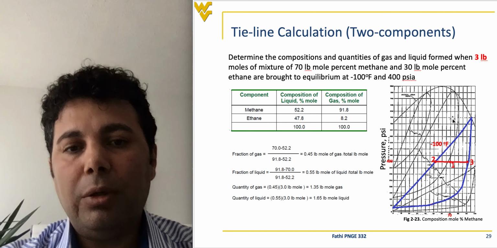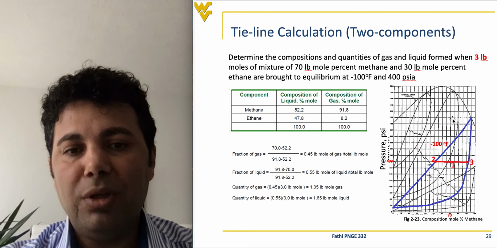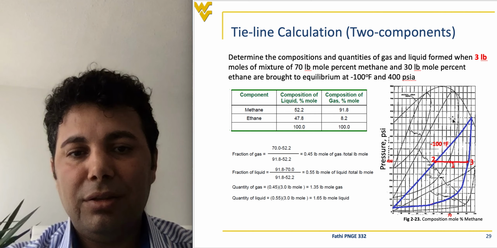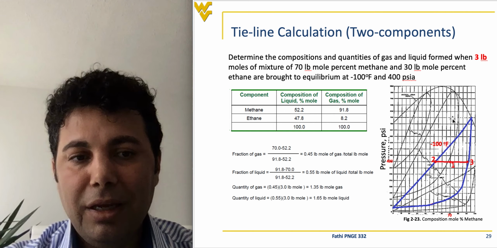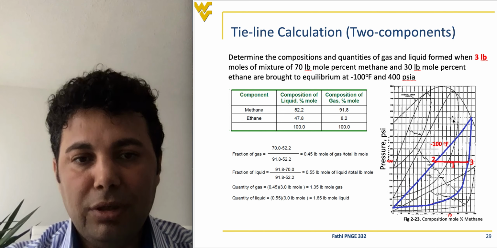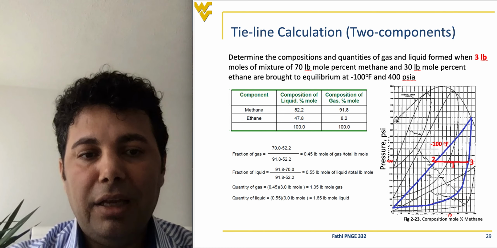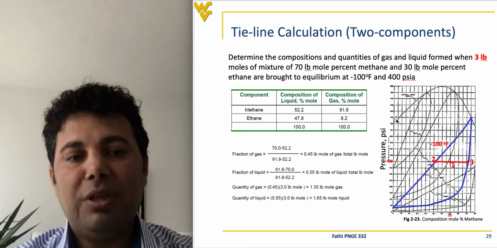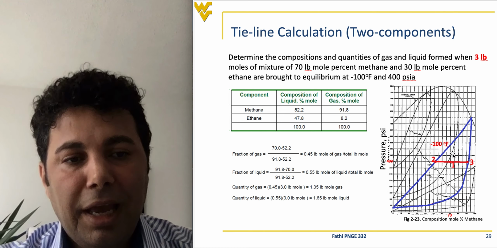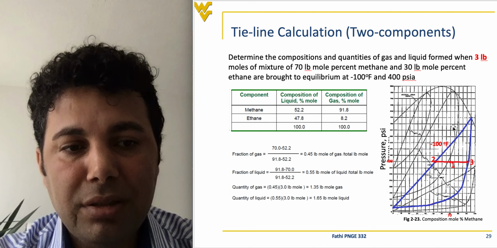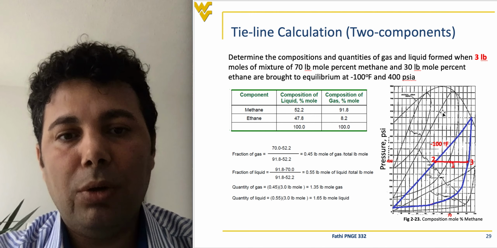So it would be all liquid, 100% liquid, and the composition would be 70% methane and 30% ethane. So 70% methane, 30% ethane at 900 psi and minus 100 degree Fahrenheit is all liquid.